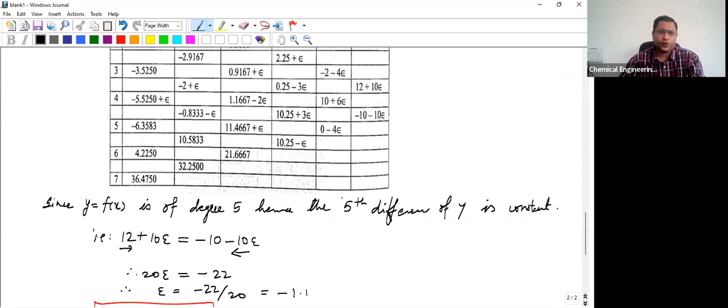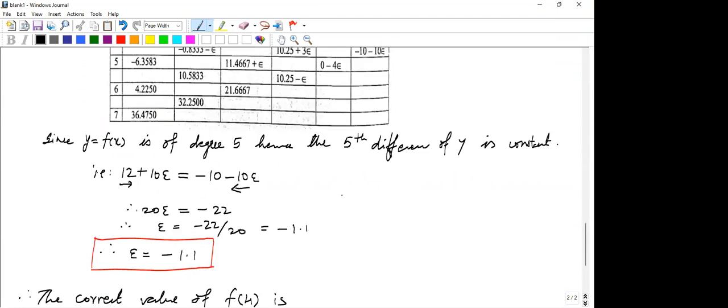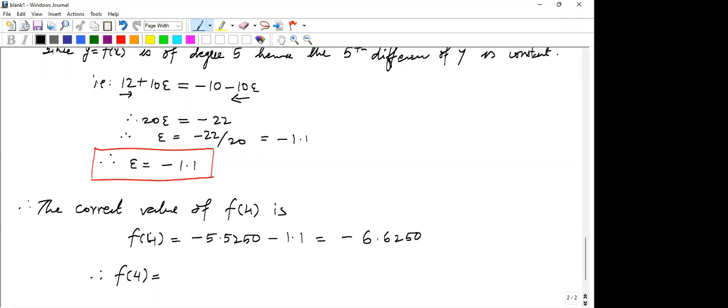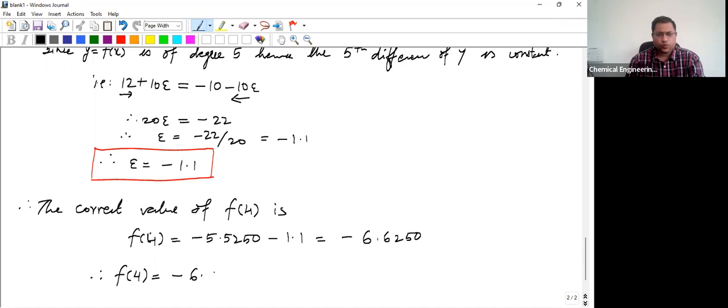This is minus 5.5250, and the error is minus 1.1. So this will become minus 6.6250. So we got the value of f of 4. The correct value is minus 6.625.